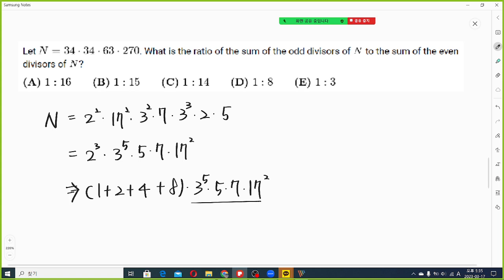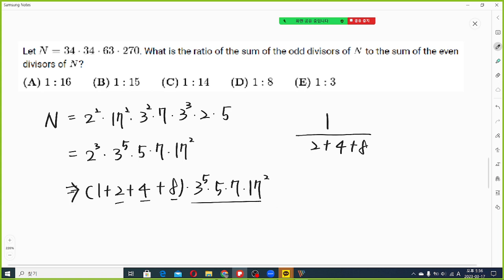I mean, we can make odd divisors with it. But if we multiply these even numbers to this product, they will make the even divisors. So if we want to find the ratio, 1 is odd and the sum of 2, 4, 8 make the even divisors.